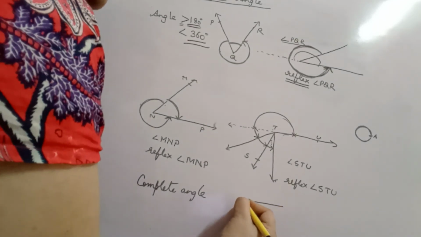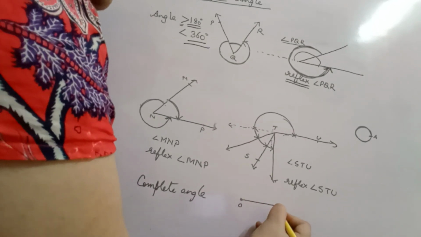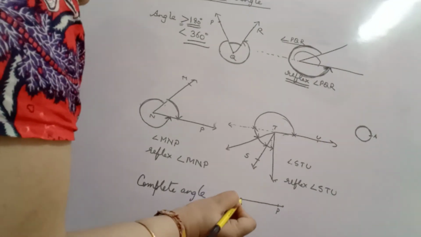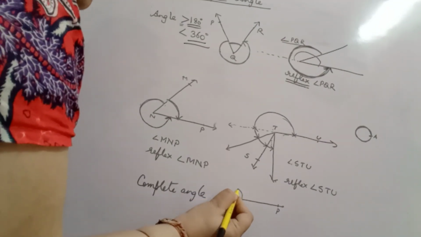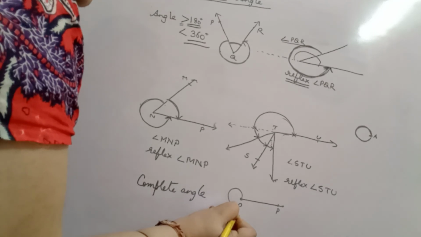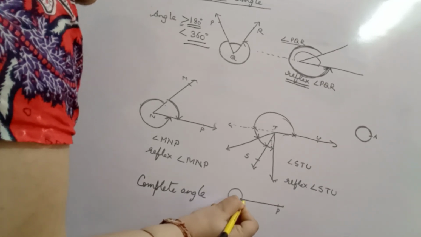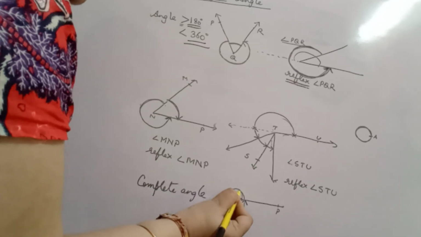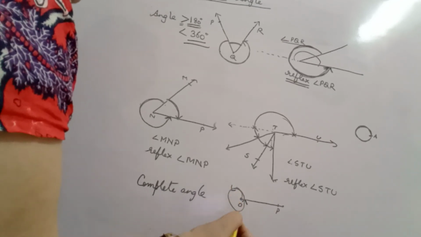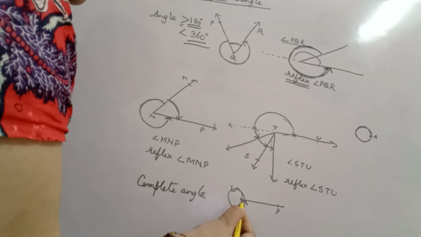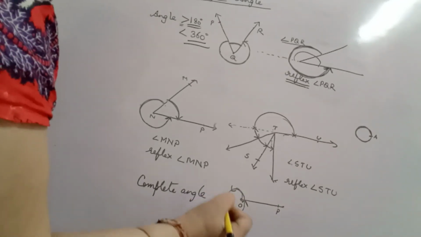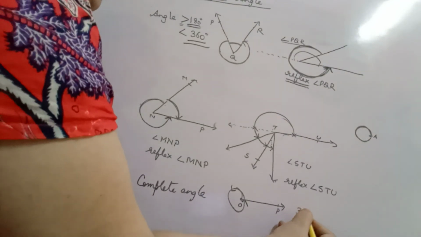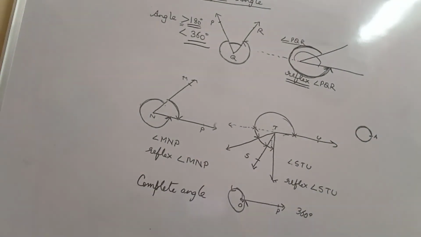Suppose I take a ray OP. I start from O and take a circle and move till OP again. I am starting from O here and moving till O again. So this is a complete angle, which is 360 degree.